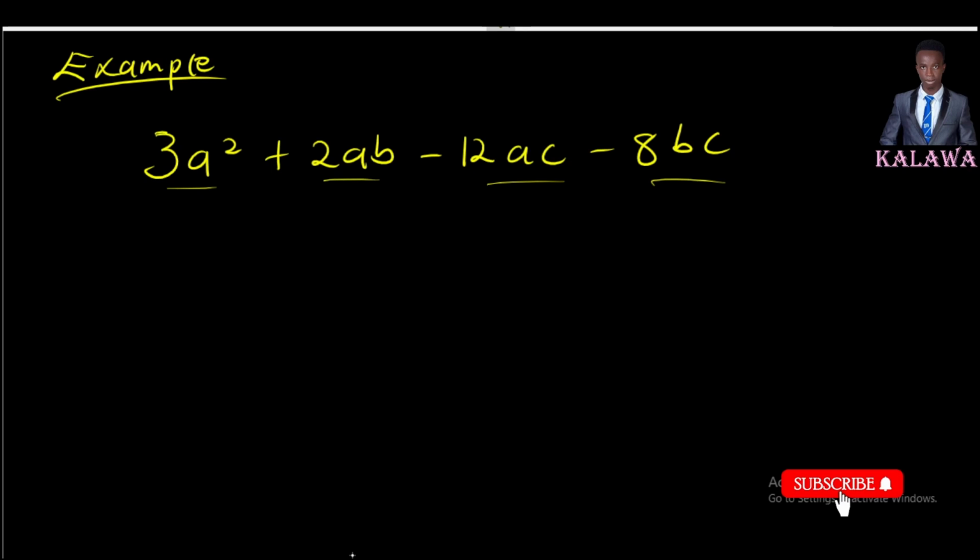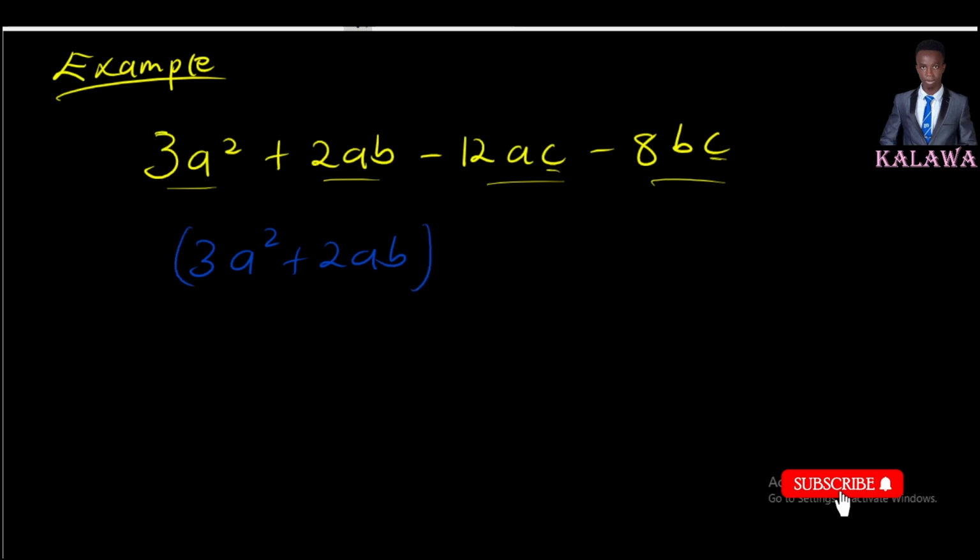But in this other term, we notice not just A, but we also have C, and then we have C here. So we group them together. In this case, we are going to group A to A and C to C. So if we group now, we group 3a squared plus 2ab.